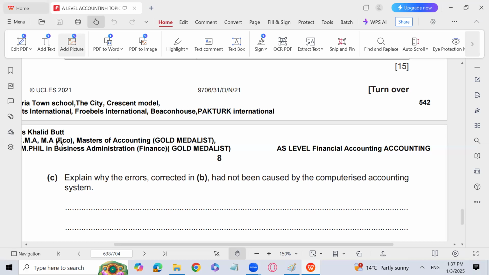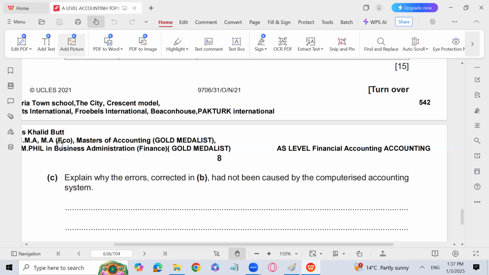So this is how artificial intelligence will work, but the accountant's role will still play. The highest authority of the accountant, regarding decision making, will still rest with the accountants. Only the bookkeeping work will be done by the computerized accounting system.